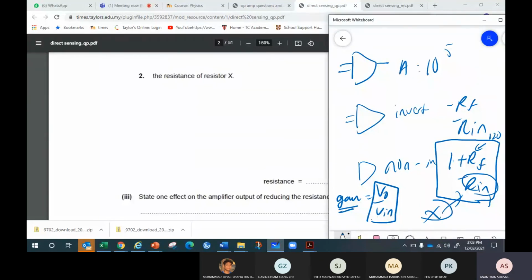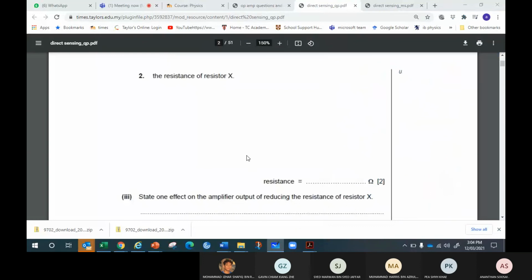Rin is your X. RF we know is 120, and the gain we know. So you find the Rin. RF is in kilo ohm, so you can leave it as kilo ohm, and Rin also you will get in kilo ohm. So hope you got the idea.